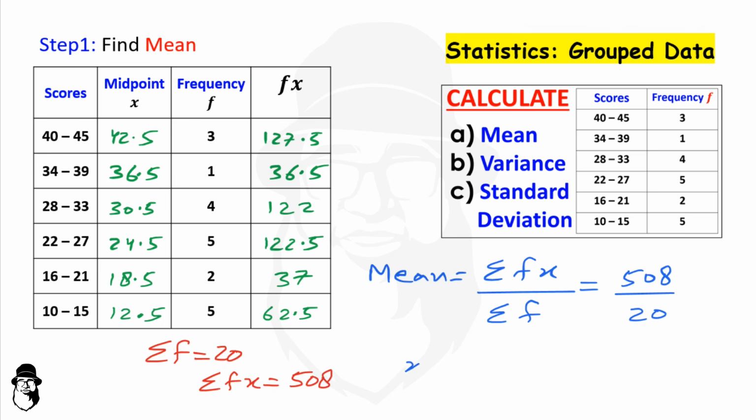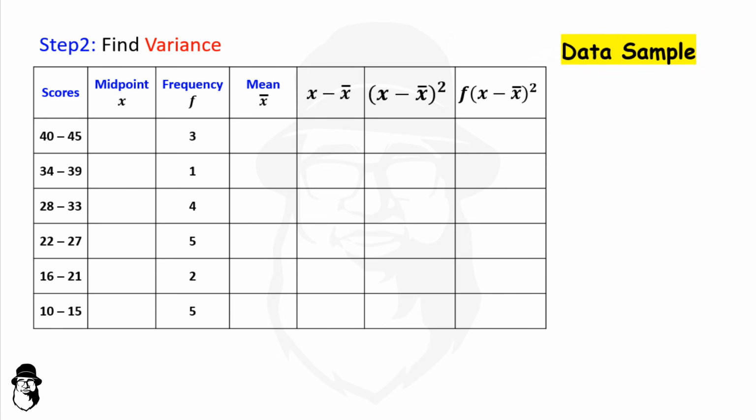So mean, or we can say x bar, it's the same thing, is 508 divided by 20, which is 25.4. Then the next step is we calculate the variance.